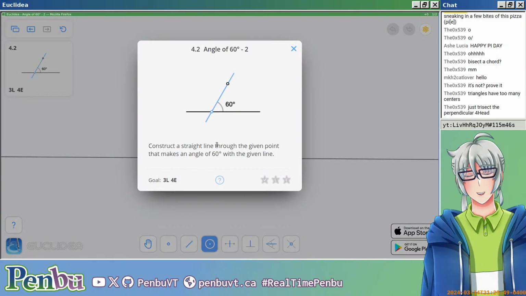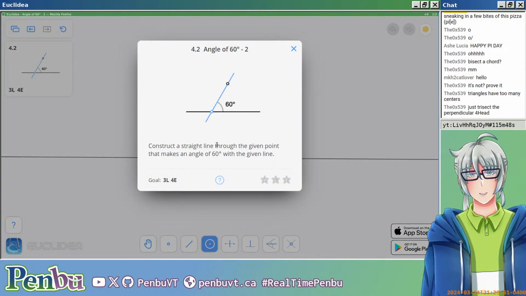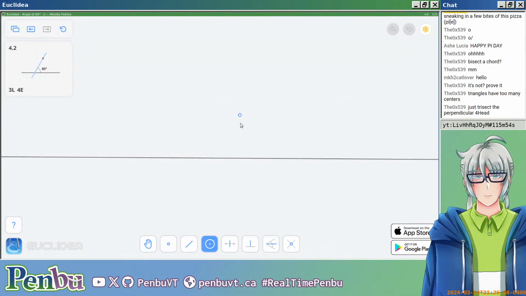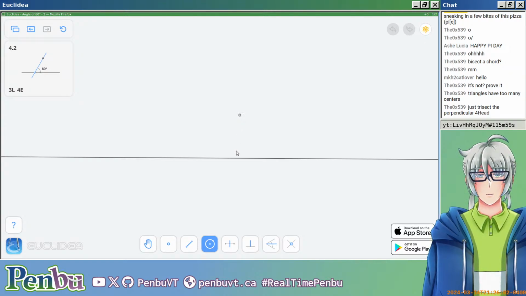Angle is 60 minus... Or angle is 62. Construct a straight line through the given point that makes an angle of 60 degrees with the given line. Okay. So we'll start with the circle.